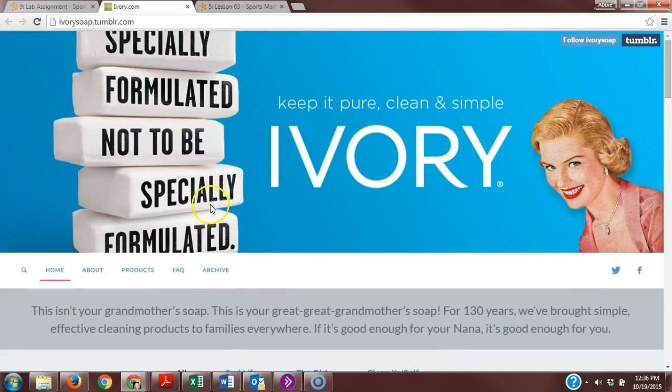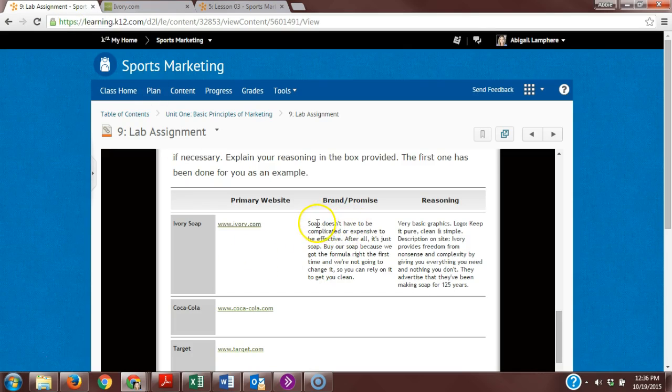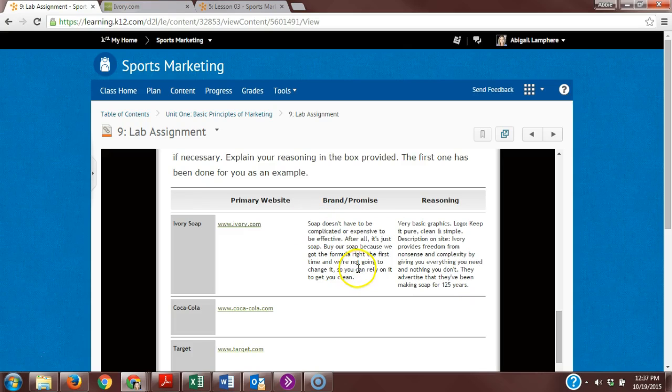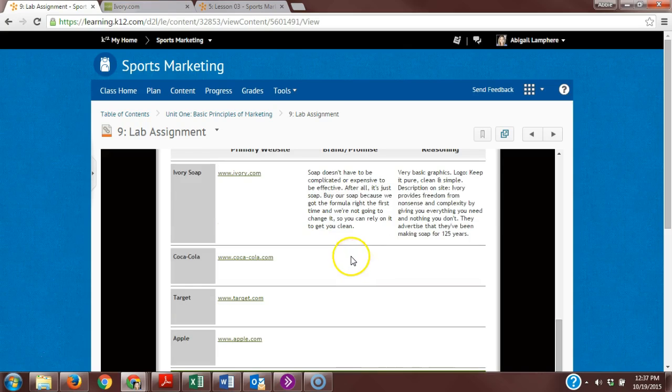That's what this website is trying to portray as their brand image, and that's what this person picked up on. This is their reasoning: basic graphics, keep it pure, clean, and simple. Description is just Ivory provides freedom from nonsense and complexity. This is based on what they saw on the company's website. This is what is coming across as that company's brand promise.